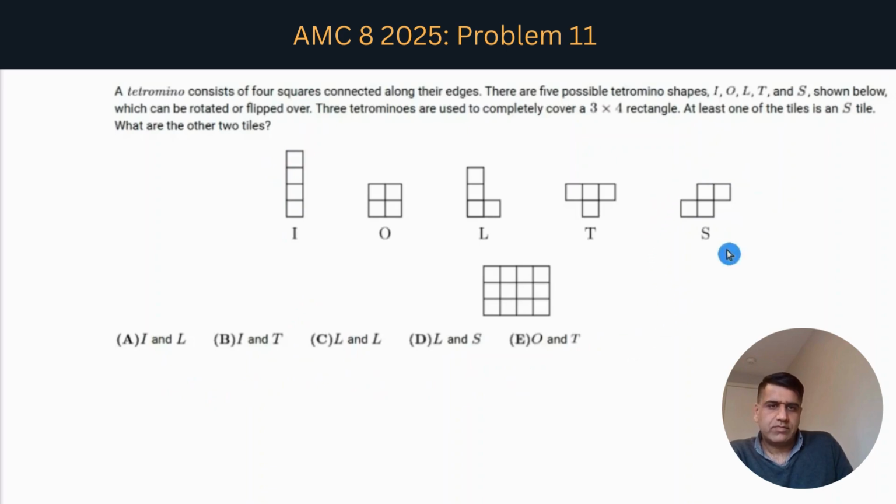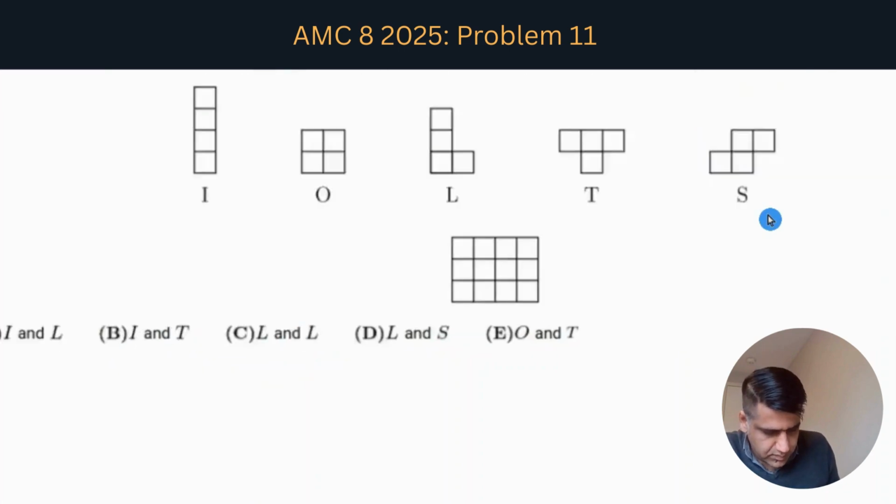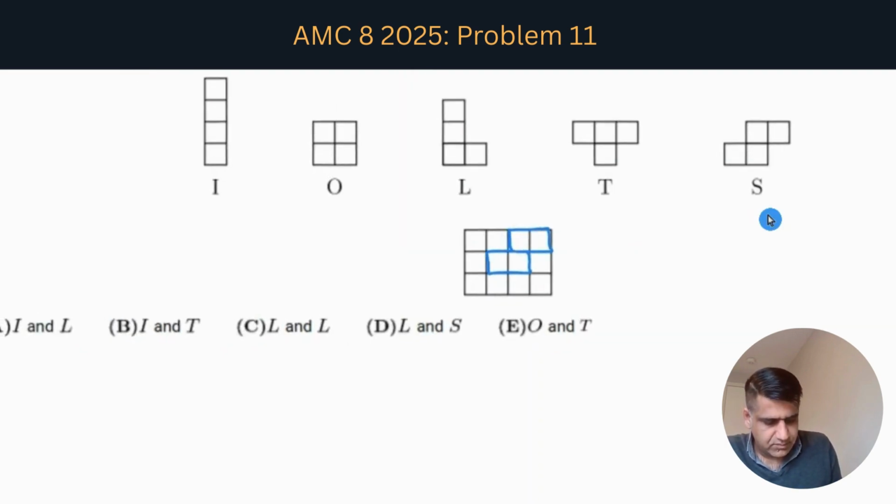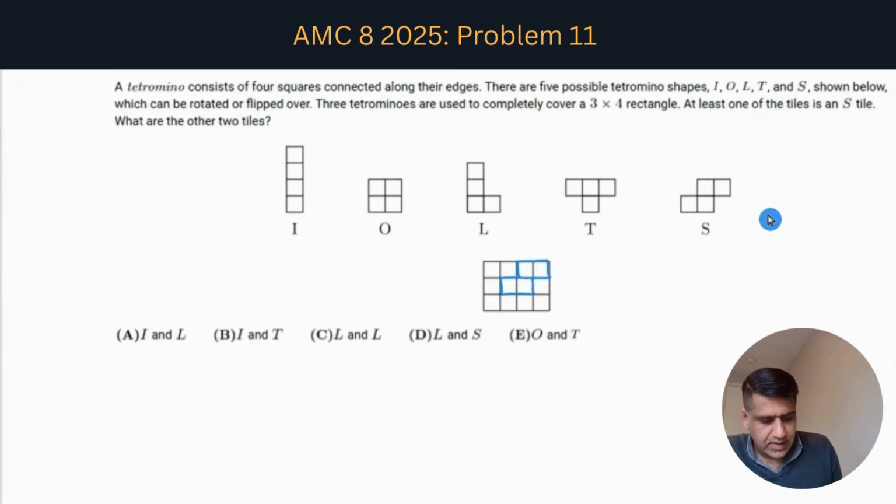So we are told that one of them is S, so we can make, let's say, S tile here. Okay, so let's say that this is the S tile that we have. And now what we have to do is eliminate the other possibilities.